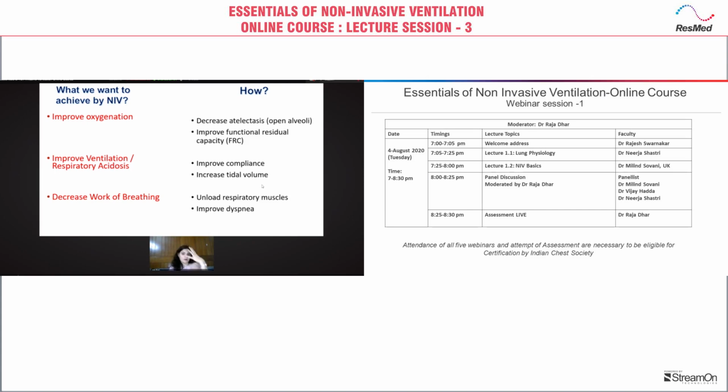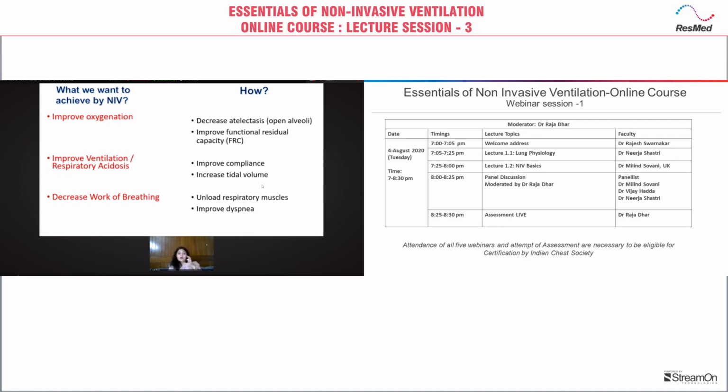If you need oxygen, you will have to open those closed or underventilated alveoli. You have to increase the lung volume, because when alveoli are expanded, obviously the FRC will increase. You have to increase the compliance, you have to increase the minute ventilation so that alveolar ventilation increases, and the rest, your oxygenation, follows. And decrease the work of breathing.